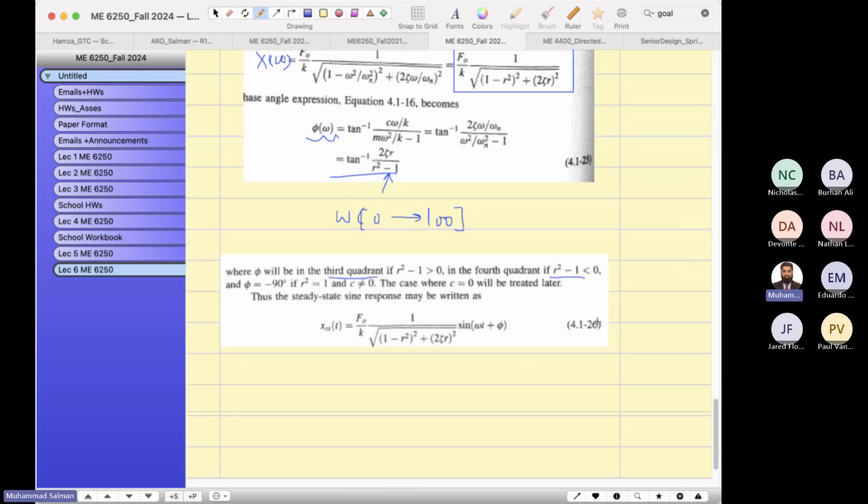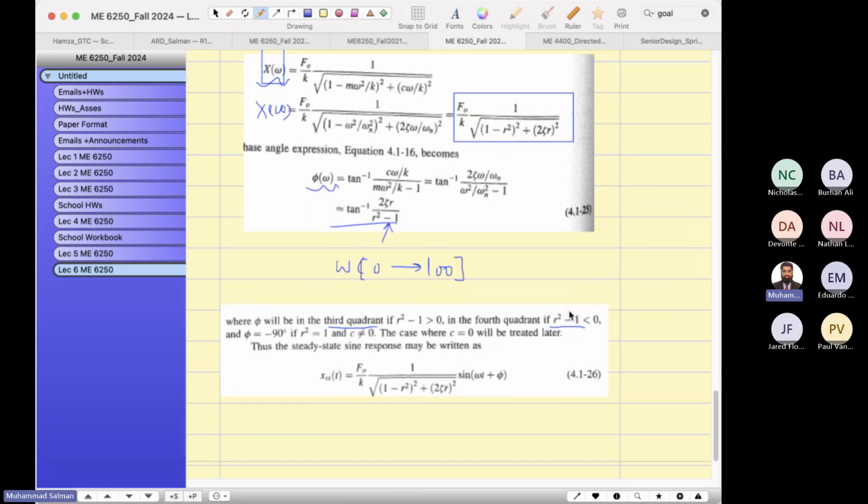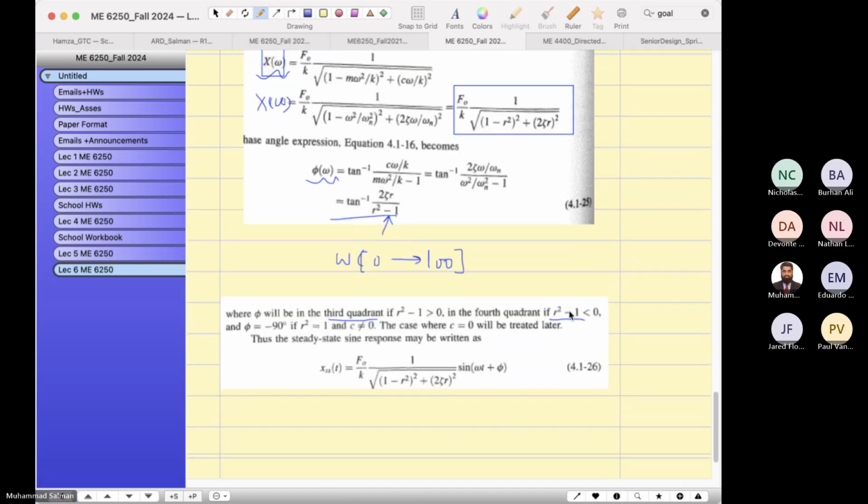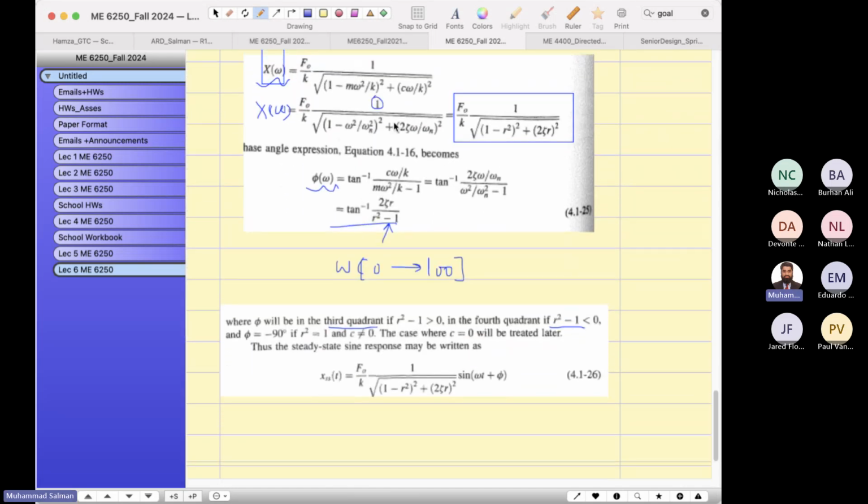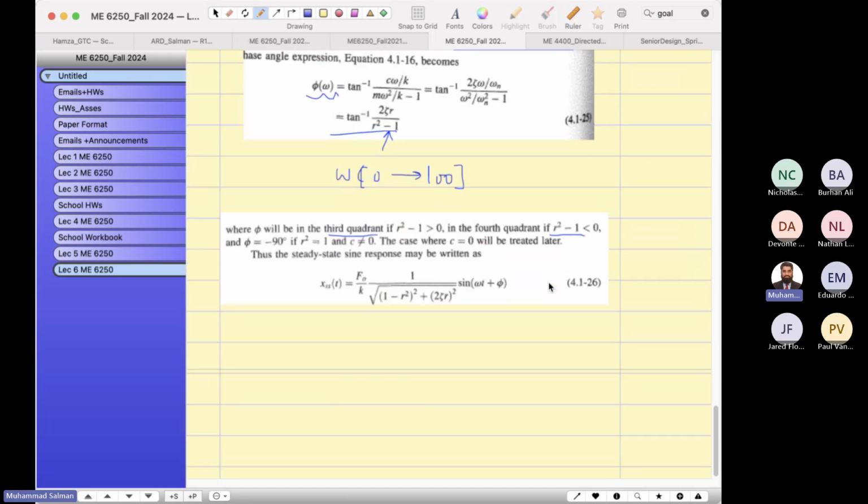This is negative, it is in the fourth quadrant. The reason being, as I mentioned earlier, the numerator has a phase of 0 degrees. For the total overall transfer function, the phase is 0 minus the value. So you can see that. So this is the steady state response. It can be written in this form. So you can use this formula for your homework problems.